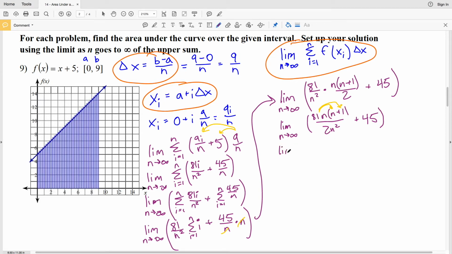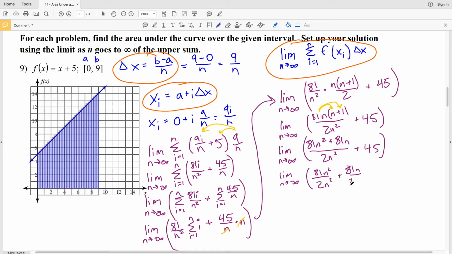So I'll have the limit as n approaches infinity of 81n squared plus 81n all over 2n squared plus 45. Now I'm going to split this fraction up in order to simplify. So I have the limit as n approaches infinity of 81n squared over 2n squared plus 81n over 2n squared plus 45.